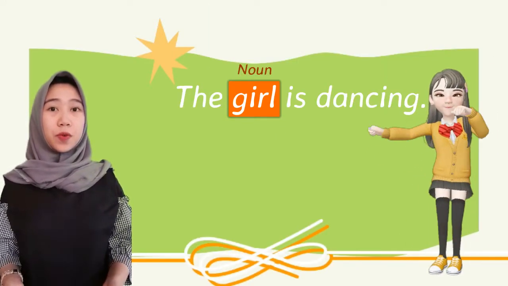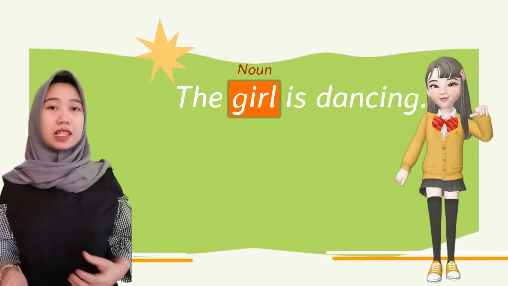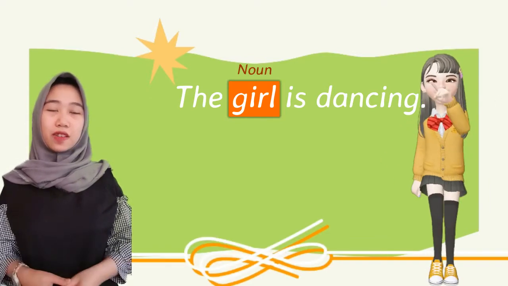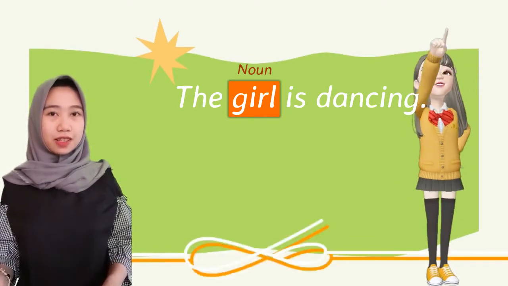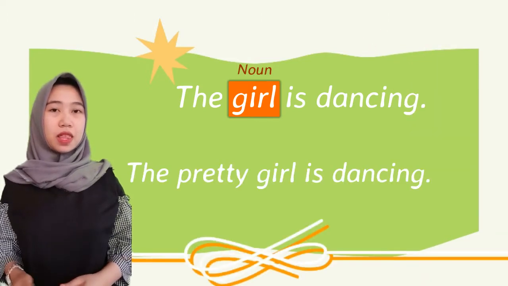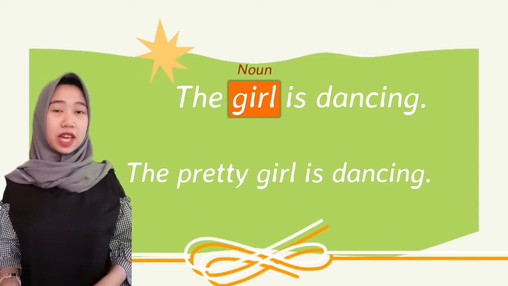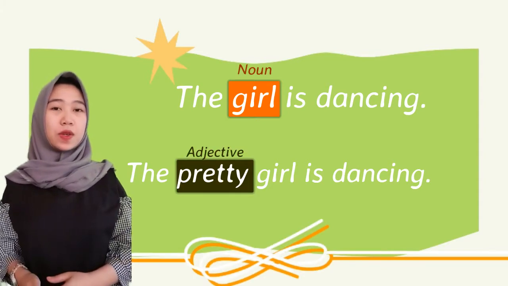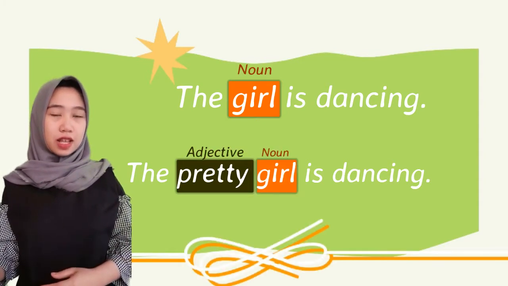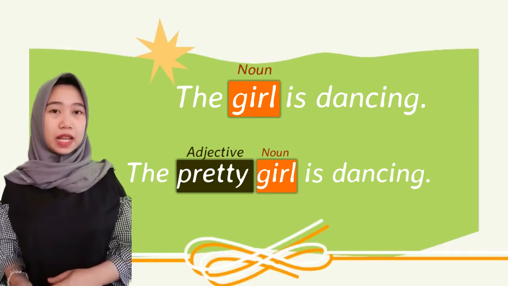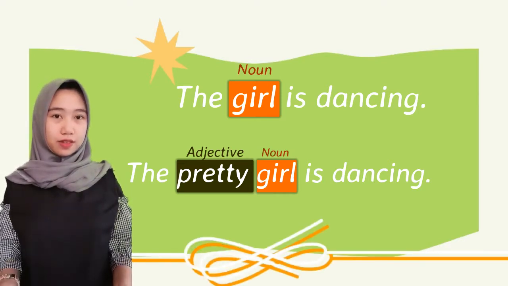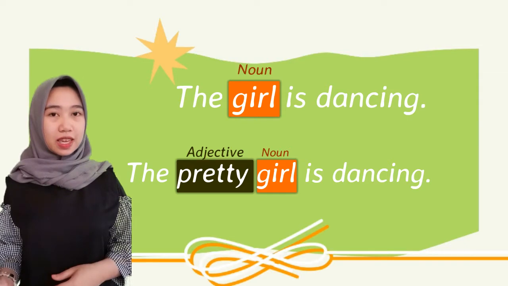Then, let's put in an adjective to make the sentence more interesting and to describe more about the noun girl. The sentence becomes, the pretty girl is dancing. So here we have an adjective, pretty, and also the noun, girl. The adjective describes the noun, how it looks. So the adjective pretty describes the noun girl.